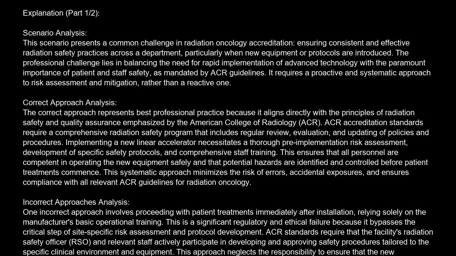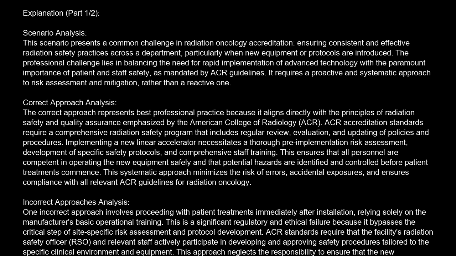Correct approach analysis. The correct approach represents best professional practice because it aligns directly with the principles of radiation safety and quality assurance emphasized by the American College of Radiology, ACR. ACR accreditation standards require a comprehensive radiation safety program that includes regular review, evaluation, and updating of policies and procedures.